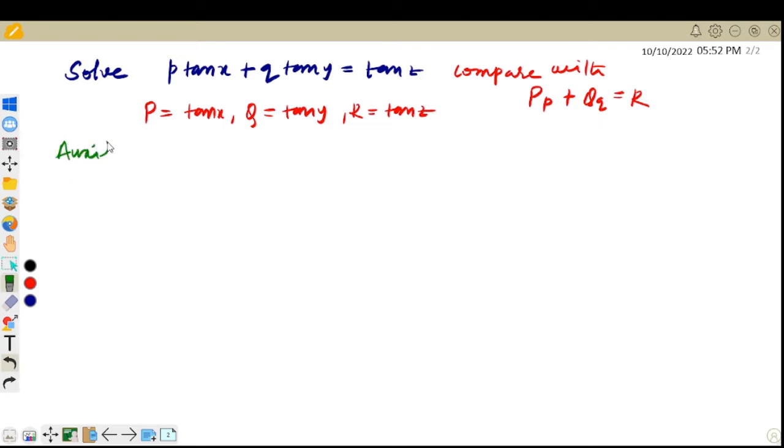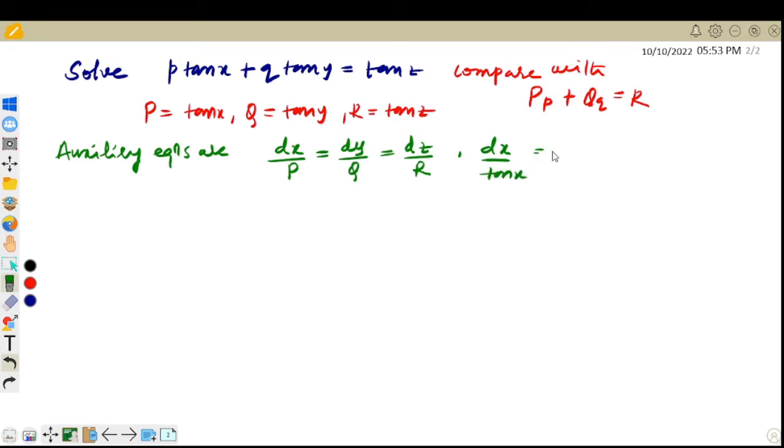The auxiliary or subsidiary equations are dx by P is equal to dy by Q is equal to dz by R. Now substitute here dx by capital P, capital P is tan x, dy by tan y, dz by tan z. Just substitute the value of P, Q, R.